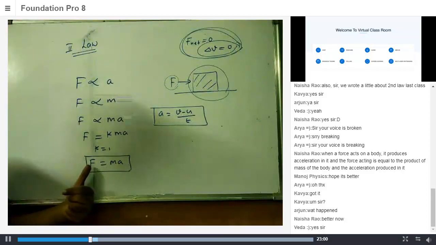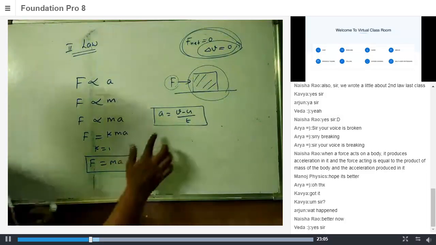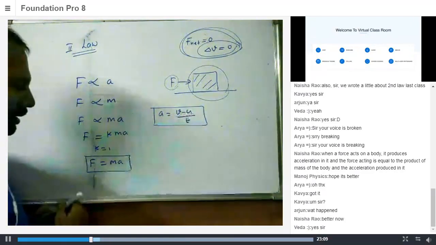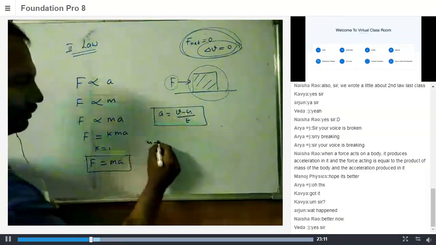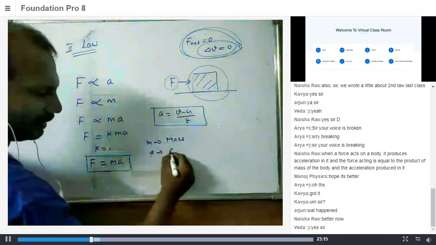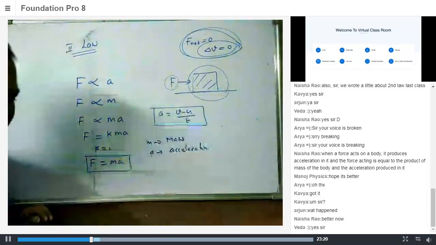From that, we get F equal to ma, or acceleration is final velocity minus initial velocity by time. Here, m is the mass of the body, a is the acceleration produced, and k is the constant, k equal to 1. We call it the proportionality constant.